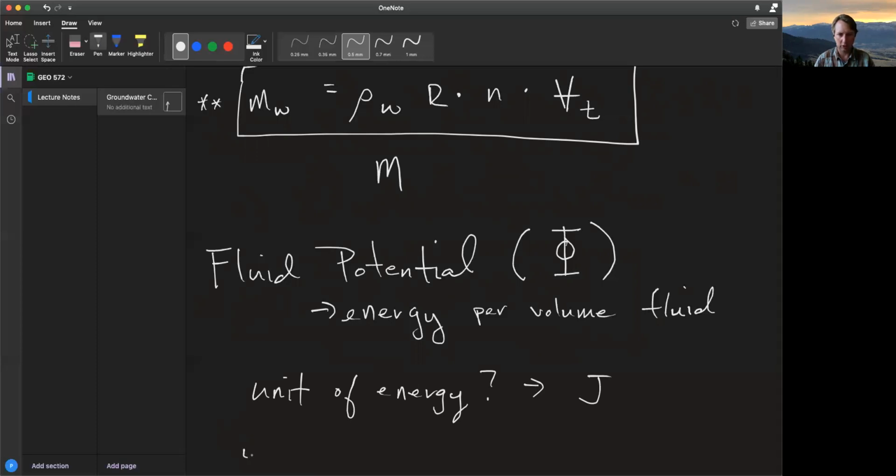And if we recall, 1 joule is the energy required to accelerate 1 kilogram, 1 meter per second squared over 1 meter. All right, and that is equal to kilogram meters squared per second squared.